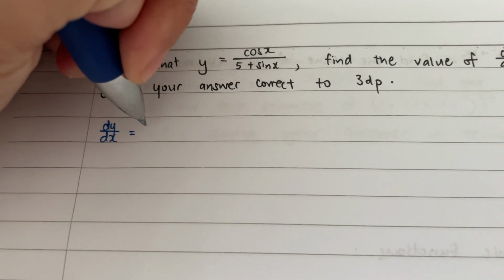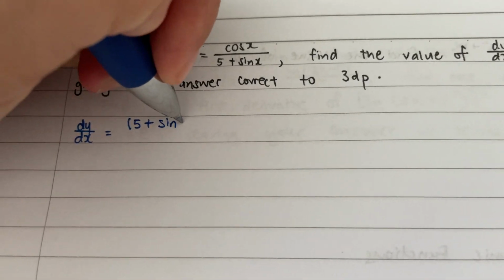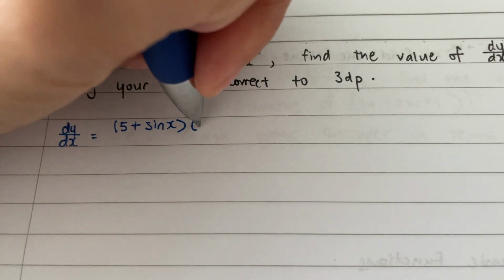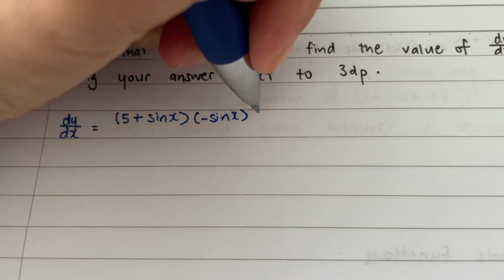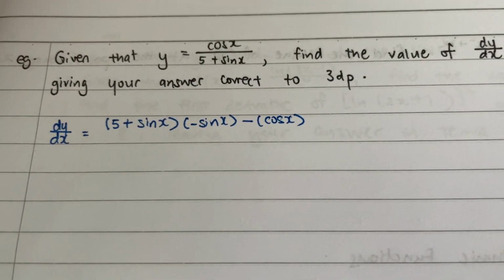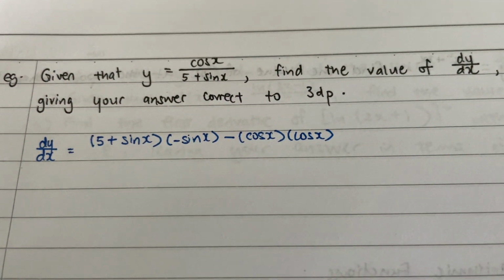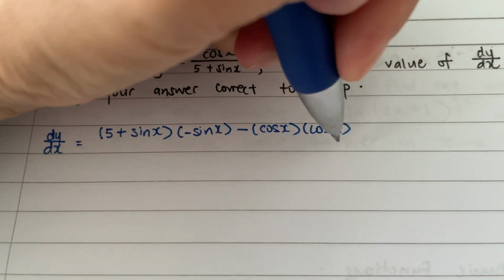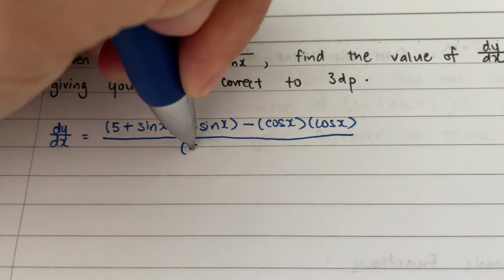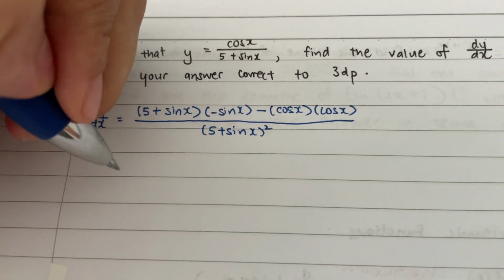Quotient rule, we put down the denominator, we differentiate the numerator, minus numerator, and we differentiate the denominator. Okay, and divide by the square of the denominator. Okay.